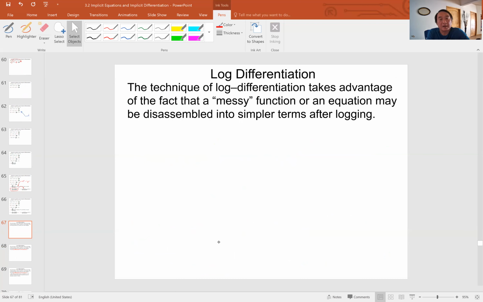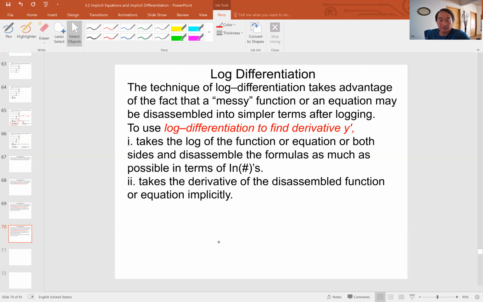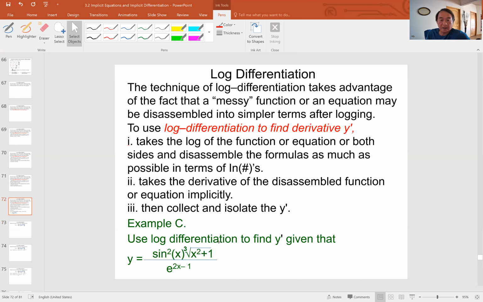And oh yes, we have another way to tackle the derivative of complicated looking functions, which is the technique of log differentiation. So we start with a function like this.